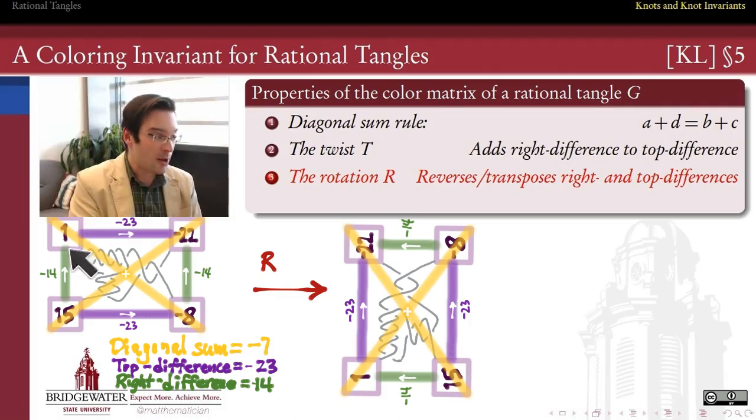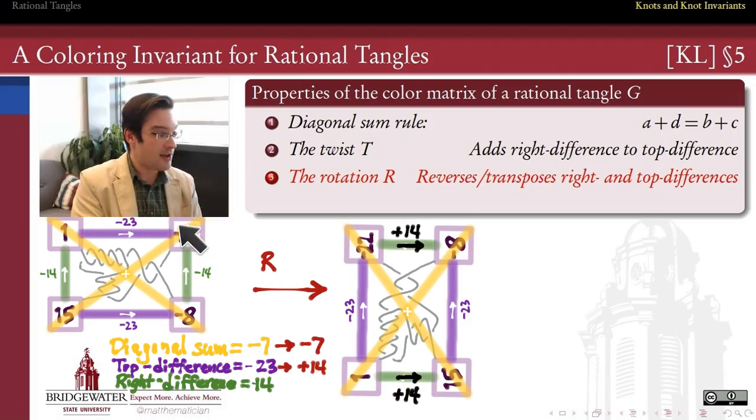But pretty clearly, what this rotation is going to do is it's somehow going to reverse the roles of the top difference, the difference in the purples, and the right difference, the difference in the greens. Let's look at exactly how that works. The diagonal sum remains the same, but my top difference, which we defined as the northeast minus the northwest, used to be negative 23, now it's going to be not negative 14, but positive 14.